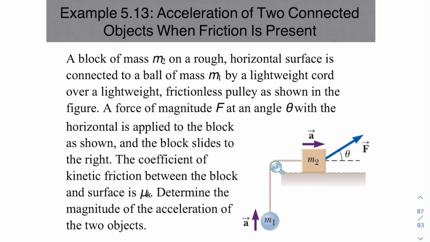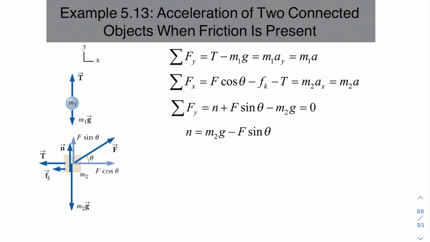A force of magnitude F at an angle of theta with the horizontal is applied to the block as shown, and the block slides to the right. So the whole thing is going to move to the right. The coefficient of kinetic friction between the block and surface is μk. Determine the magnitude of the acceleration of the two objects.